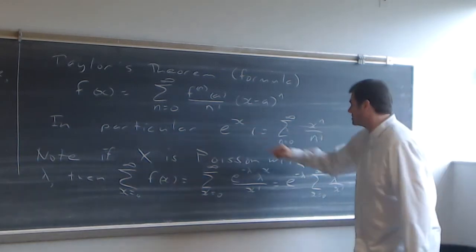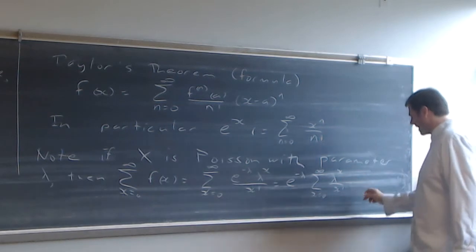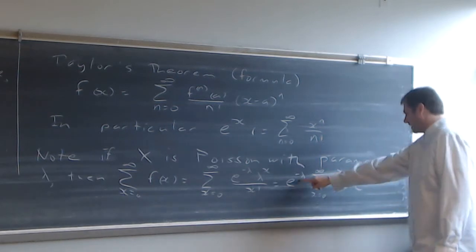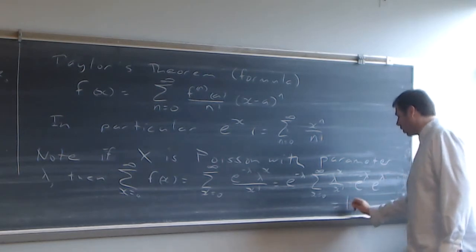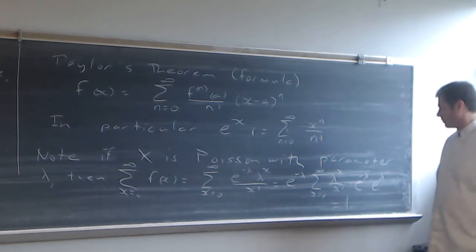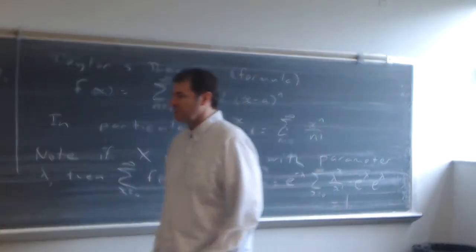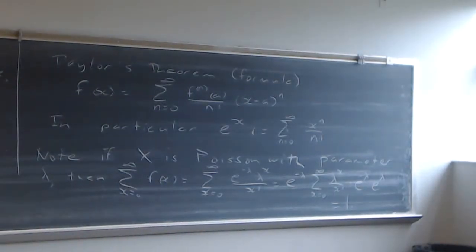So the answer is e to the lambda. So we get e to the minus lambda, e to the lambda, and of course that is e to the 0, which is 1. So the sum of the PMF over all output values does equal 1 for a Poisson random variable.